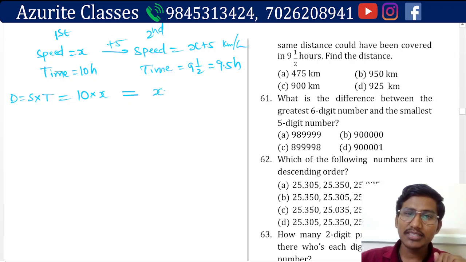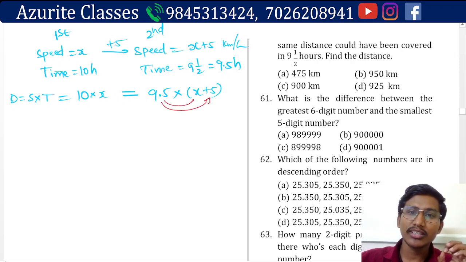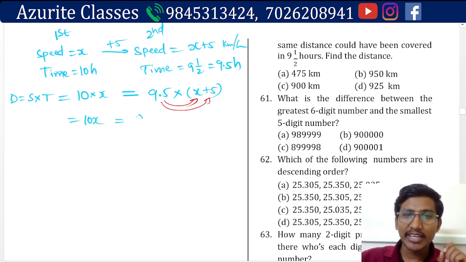So x plus 5 into 9.5. We will solve this bracket and multiply both the numbers, because that is how we have to distribute. So 10x is equal to 9.5 into x plus 9.5 into 5.